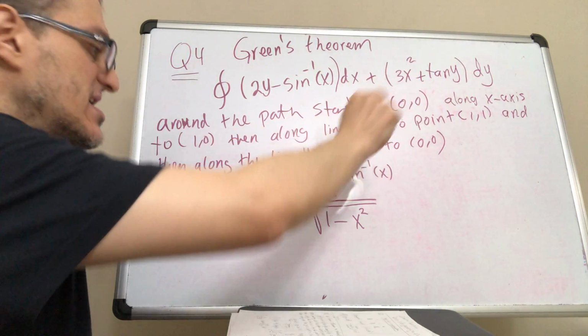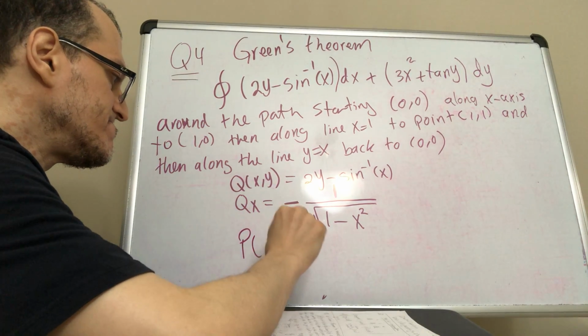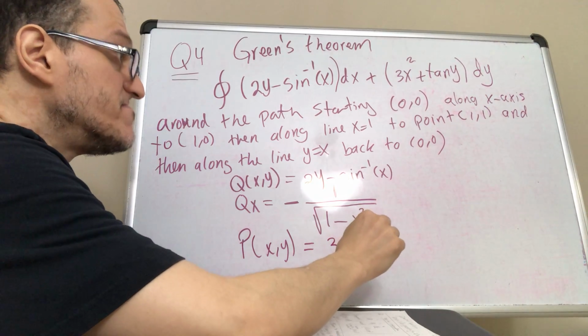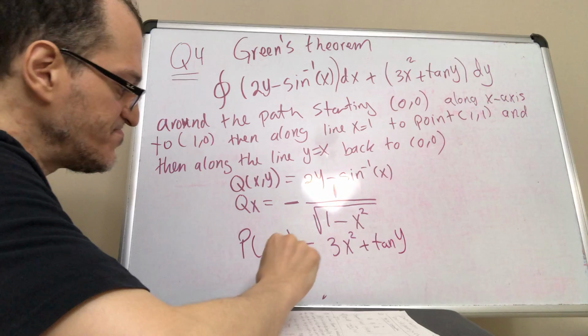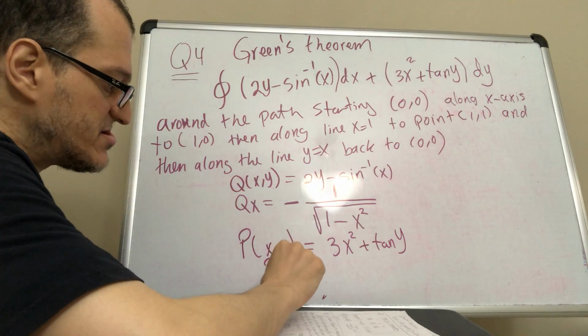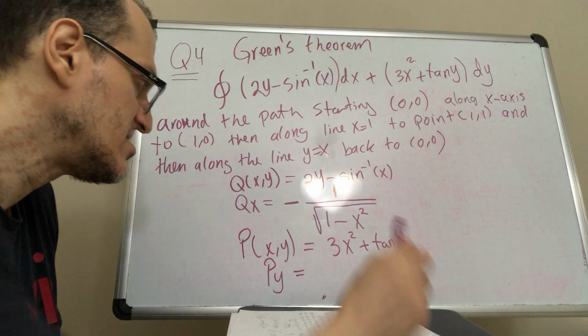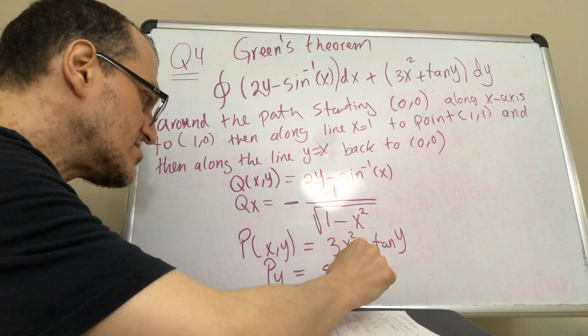The part that has dy, I'm going to call P, which is 3x squared tan y. And I'm going to find the derivative with respect to y. This is 0. This is secant squared.